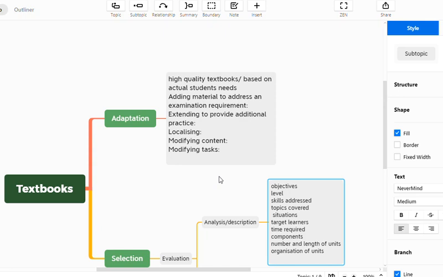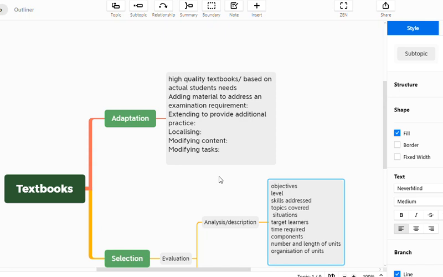A teacher sometimes needs to adapt materials. Adapting materials refers to the fact that one of the important points you should remember is that we adapt high quality textbooks, the textbooks which are based on actual student needs. I mean that you cannot say that I am adapting a low quality material.